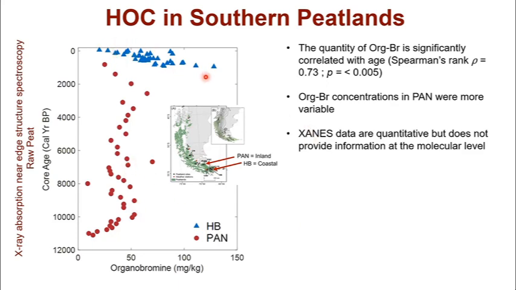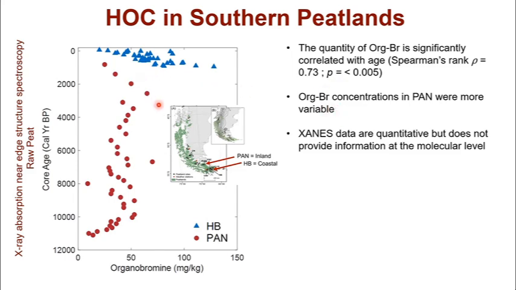What is fascinating is that we see an accumulation of organobromine in the HB core, the coastal core. The correlation between the age and the concentration of organobromine is rather significant, with a Spearman rank correlation of 0.73.